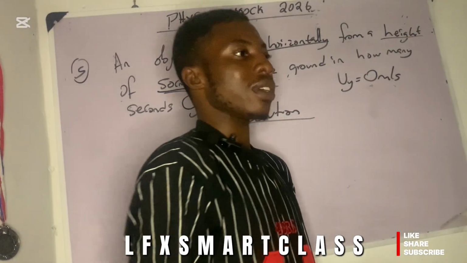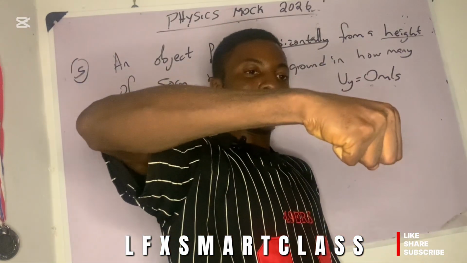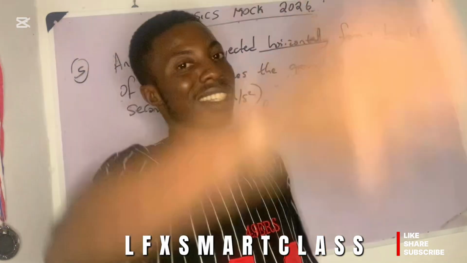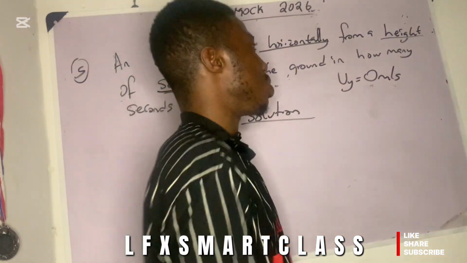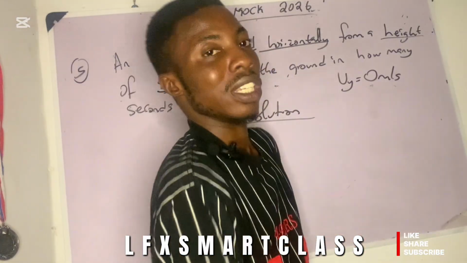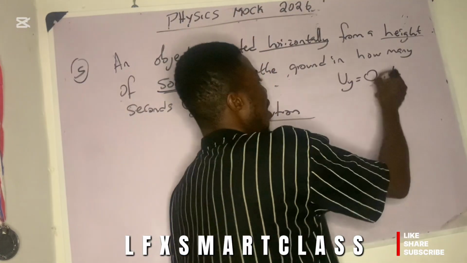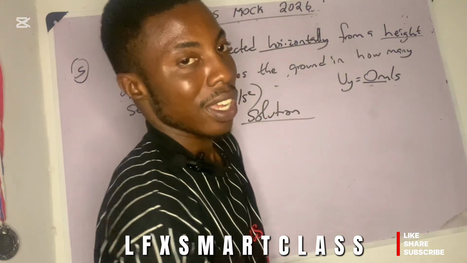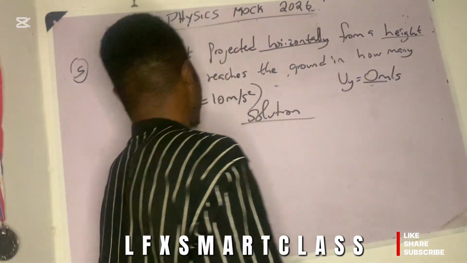Why is it 0 meter per second? You are holding it. Initial velocity is the velocity before it changed. They were holding it before they released it, but at that first time it was 0. The next velocity will be when it is released going down. So that is for that particular one.